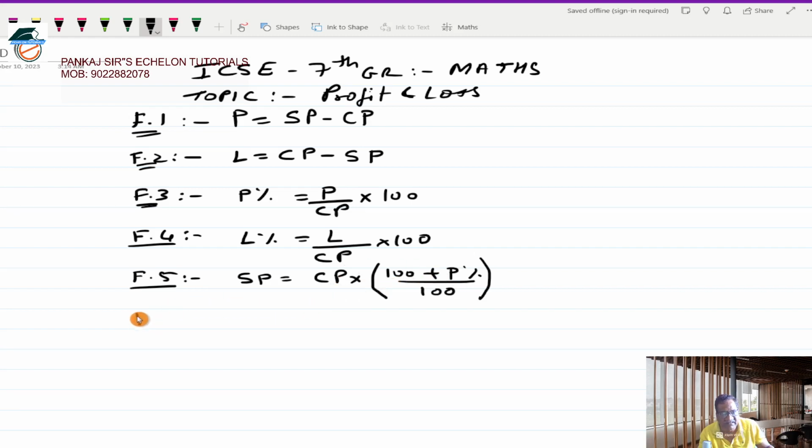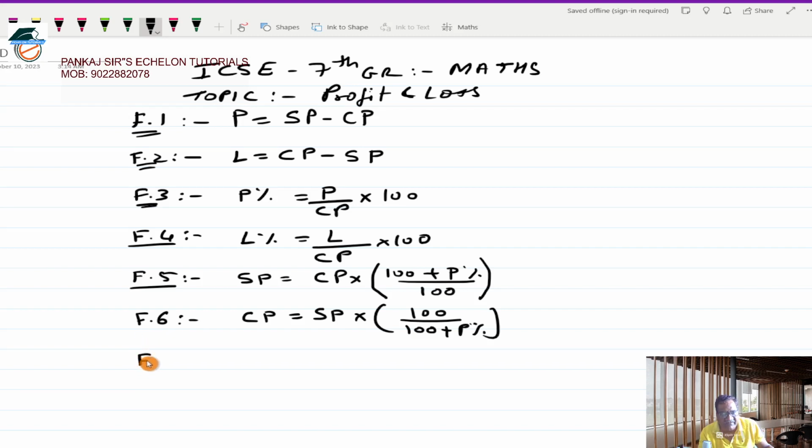Formula number 6 is for cost price. Suppose you want to find out cost price, it is equal to selling price times, now you just have to do this upside down, so it will be 100 upon 100 plus profit percent. This is the formula for cost price if selling price and profit percent are given to you in the question. So that was formula number 6.